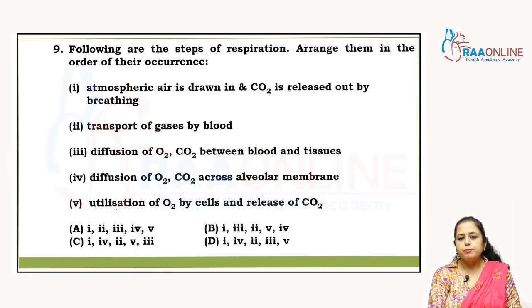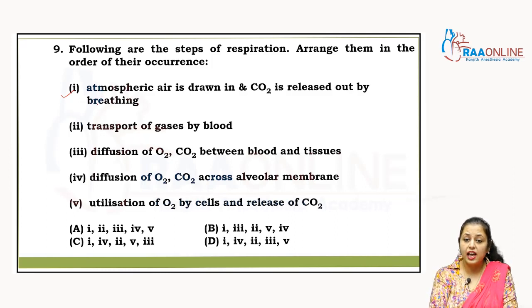Following are the steps of respiration. Arrange them in order of their occurrence. What will happen? First, the atmospheric air is drawn in and carbon dioxide is released out by breathing. Exactly, it's the first step. It is also given in the NCERT, the exact line. Transportation of gases by blood. Exactly.